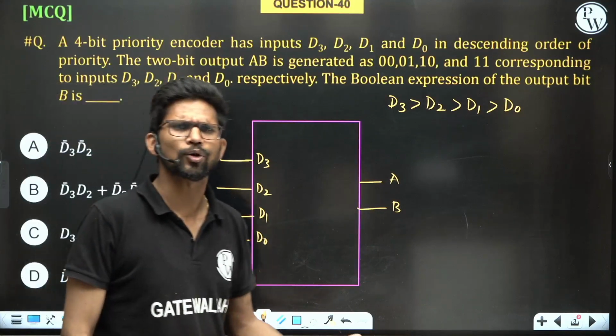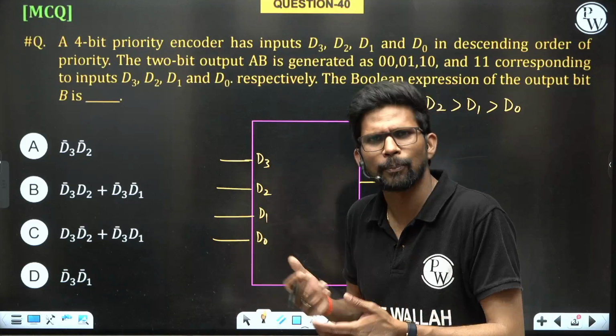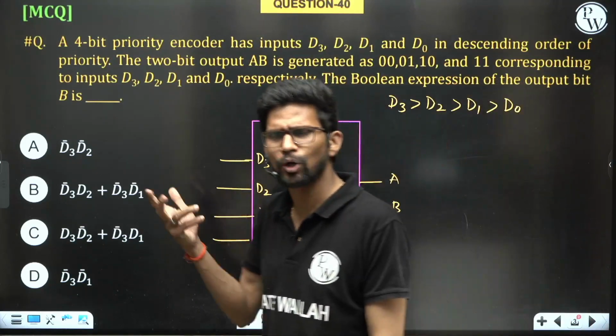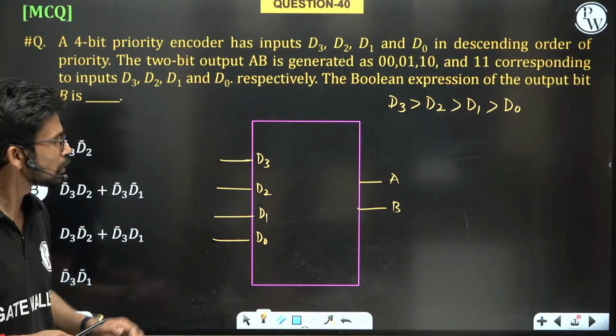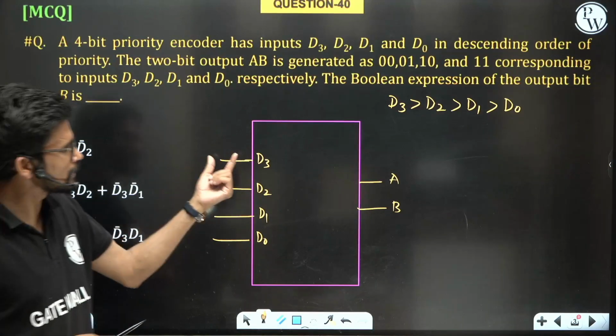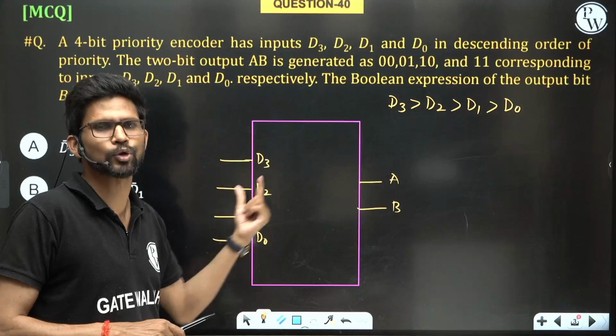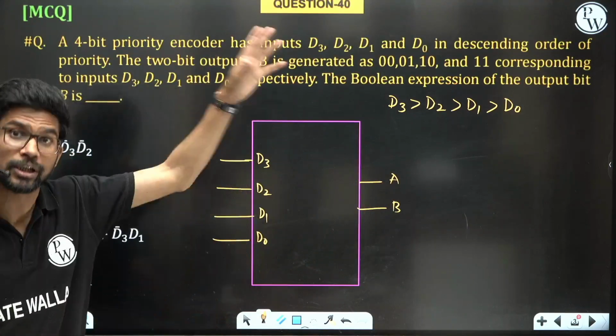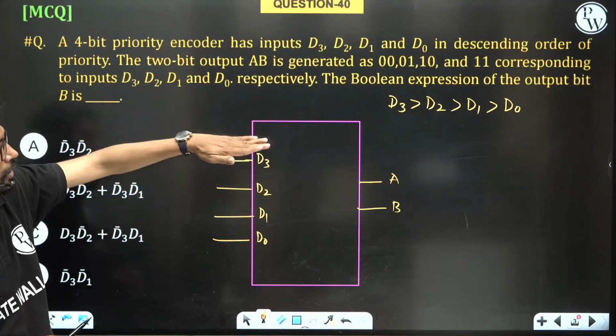In case of a priority encoder, we look at the priority of the bit if more than one input is at logic 1. Here they have changed the order. Corresponding to D3 there is 00, corresponding to D2 there is 01, corresponding to D1 there is 10, and corresponding to D0 there is 11. They have reversed the order.